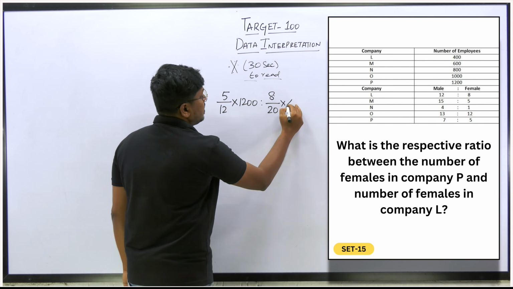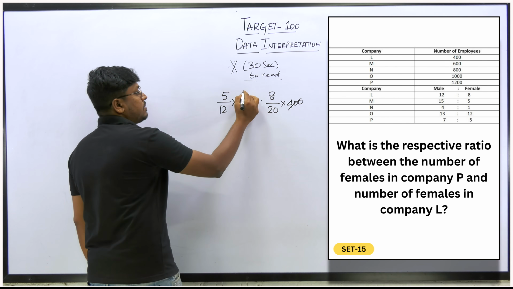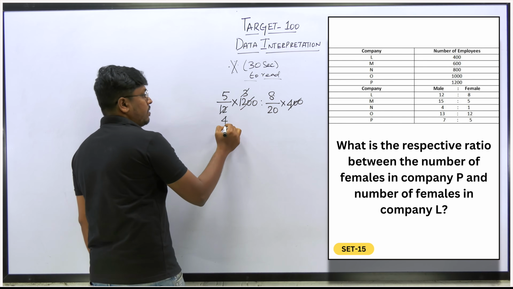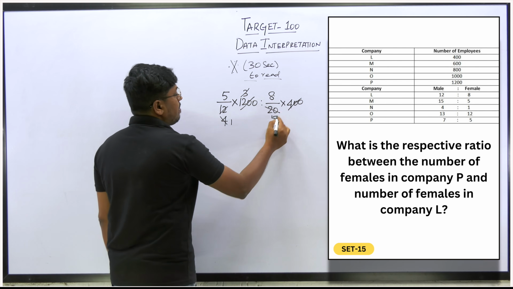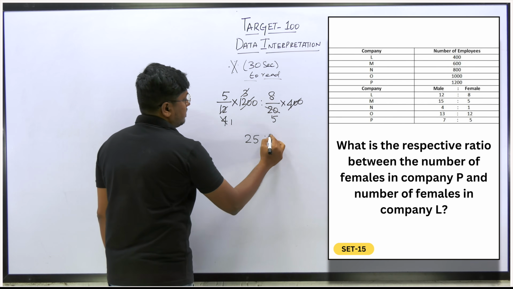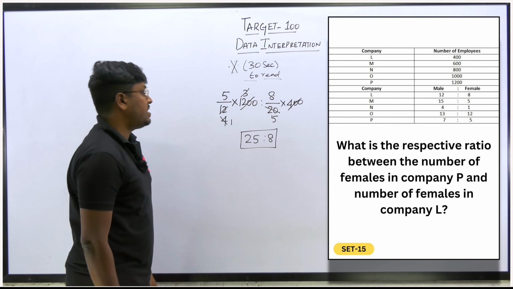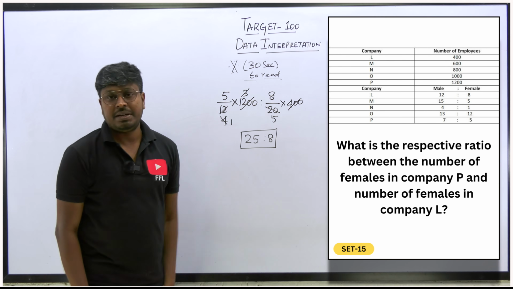And company L total number of employees is 400. So just cancel it. This will be 3 times. Cancel it, this will be 4 times. 1 4 is 4, 5 4s are 20, 25 is to 8. That's it. So 25 is to 8 will be the ratio for the females of the given companies.